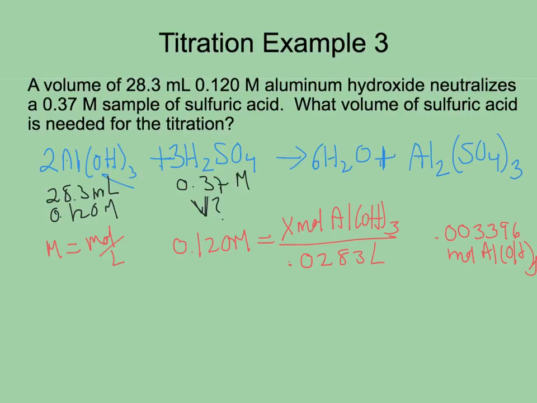Next, find the moles of the substance that you are interested in, which is the H2SO4, so use the molar ratio for that. So 0.00396 moles of Al(OH)3. On the bottom, you're going to put moles of Al(OH)3. On top, you're going to put moles of sulfuric acid.